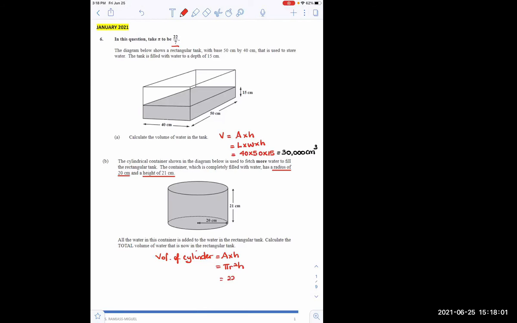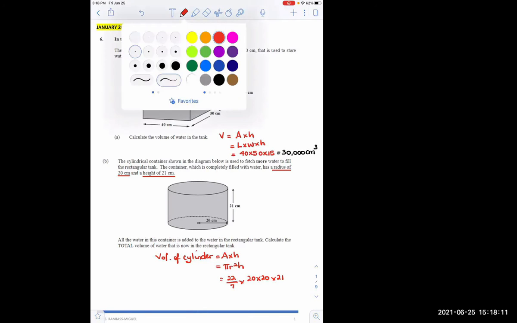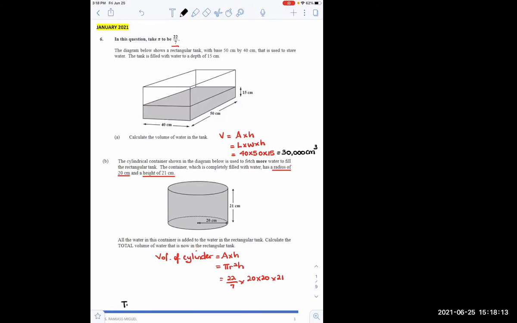So 22 over 7 by 20 by 20 by 21. Work it out. When you're finished with that, find the total volume by adding the volume of the rectangular tank plus the volume of the cylinder. So go ahead.